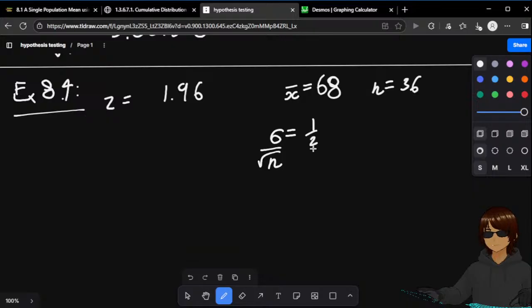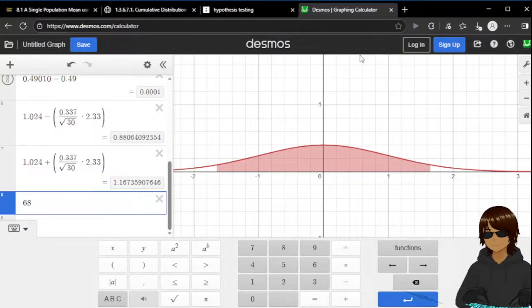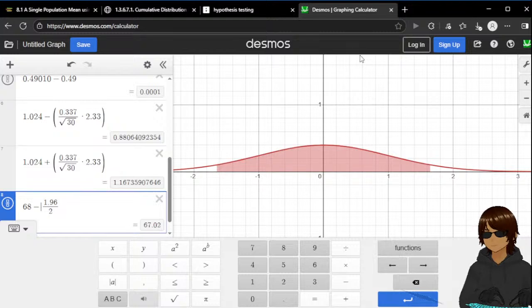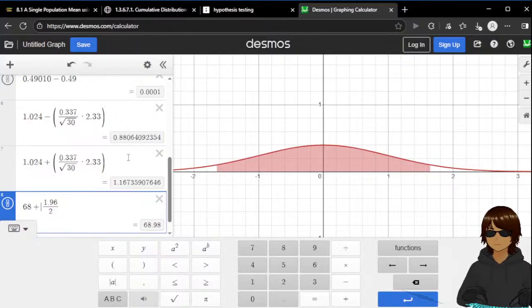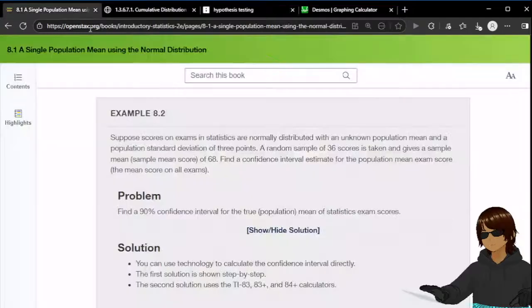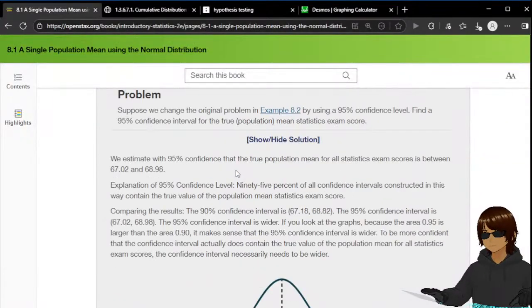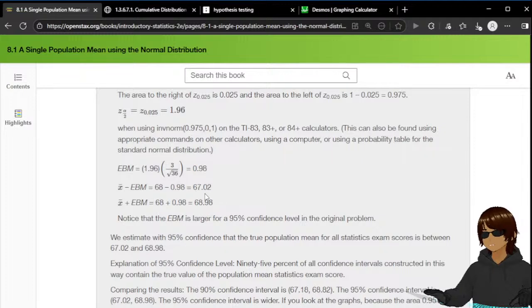So half. 67.02, 68.98. Wait. 67.02, 68.98.